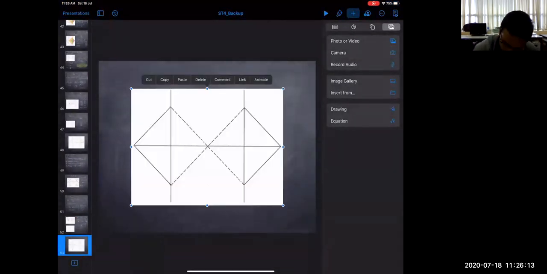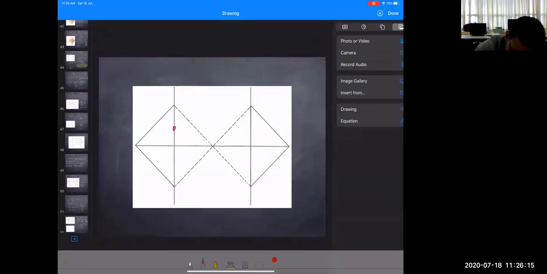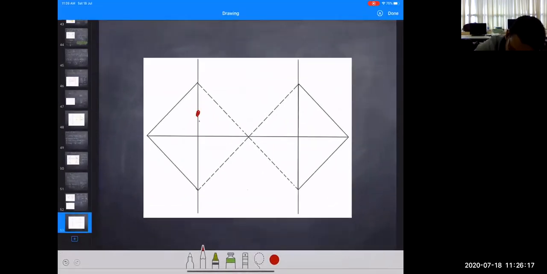Okay, so let me just draw it here. Let's consider these two points as your L and R system. Okay, and what I said is that you want to choose chi as a null set.